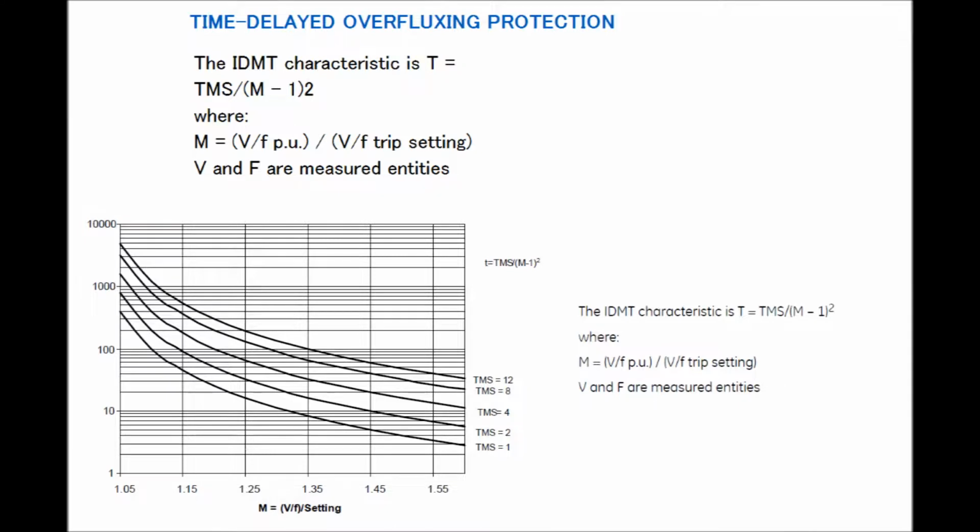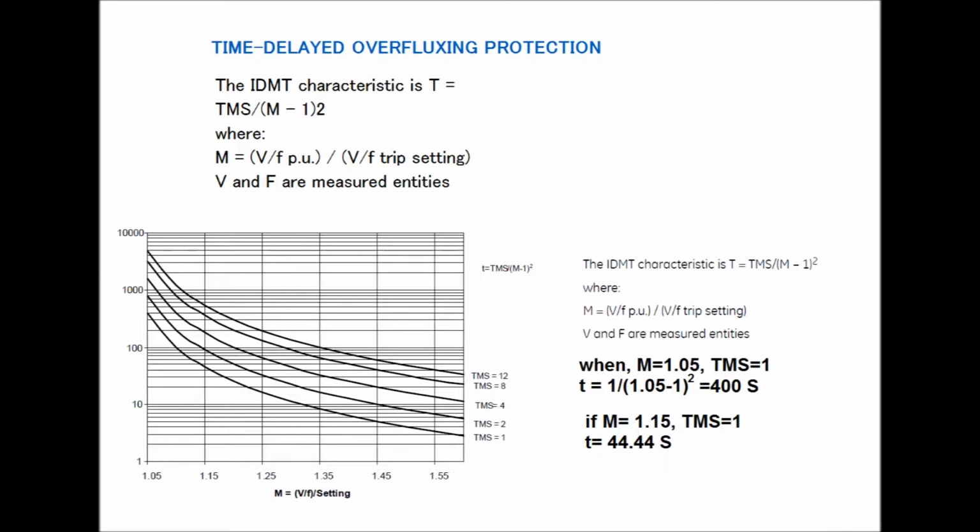For the same value of TMS, that is TMS equal to 1, if M is equal to 1.05 and if M is equal to 1.15, the trip time will be lower. So the characteristic curve has been shown for different values of M. As for the same TMS, the trip time will differ.